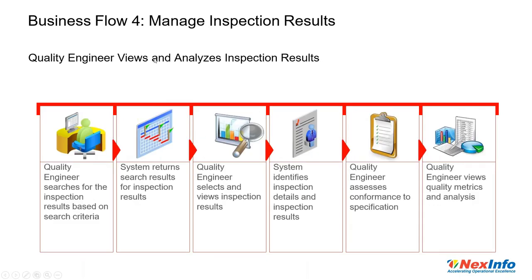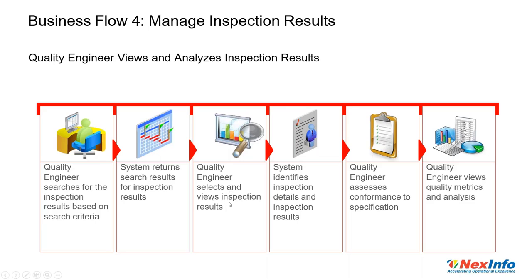Then the other flow is how you would manage the inspection results. The quality engineer views and analyzes the inspection results. He can go in and search for inspection results based on search criteria. He can search by items, by quality plans or inspection plans, and a lot more things, and the system returns the search results for the inspection.